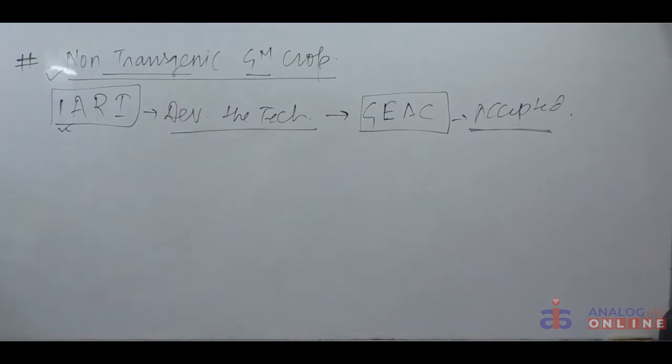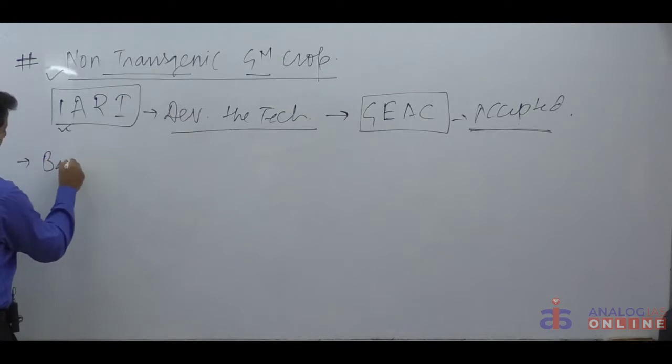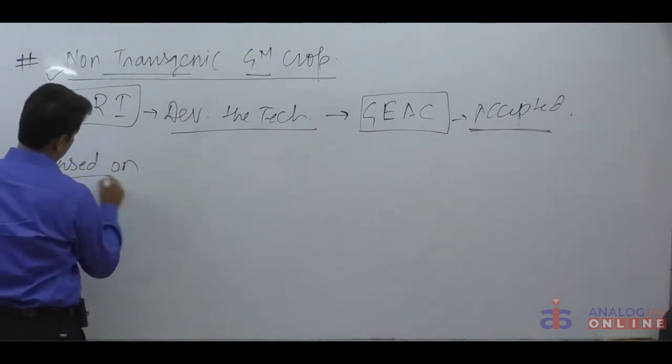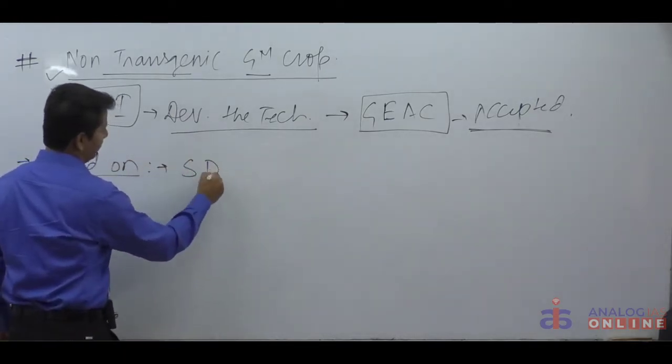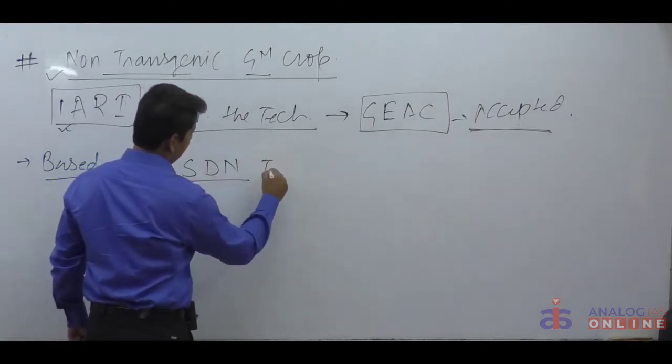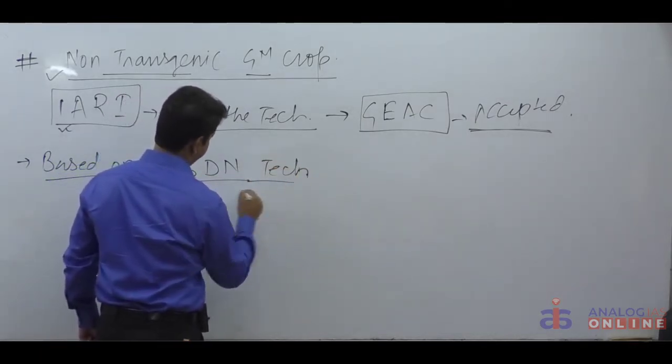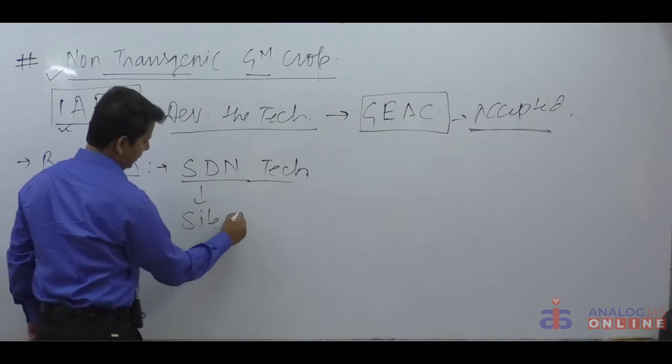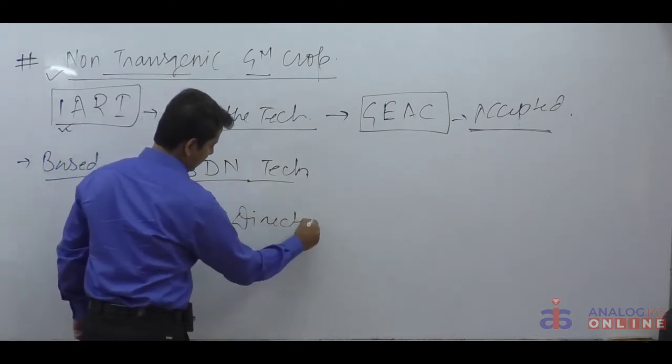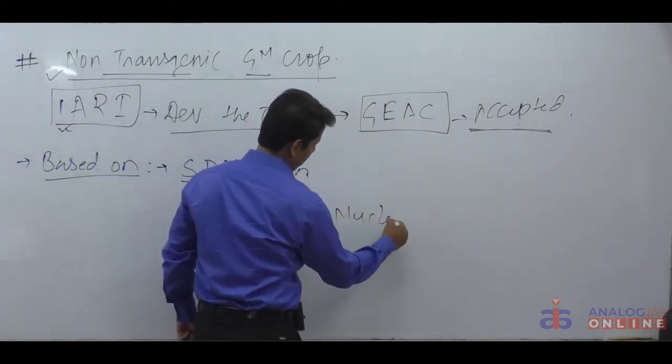What exactly is this non-transgenic GM crop? It is based on a technology called SDN. SDN technology, that is called site directed nuclease.